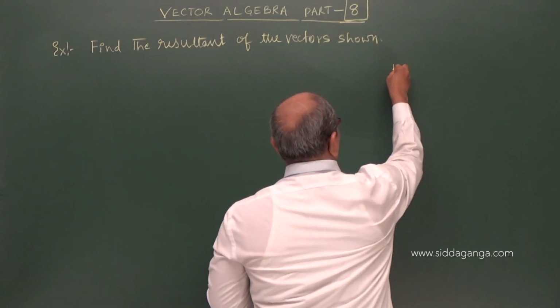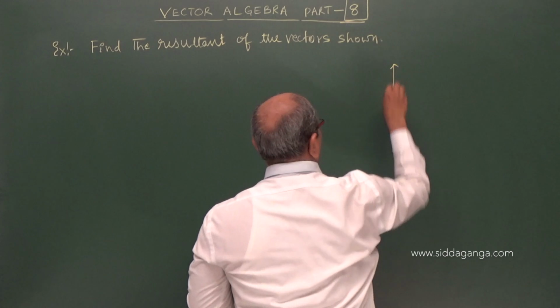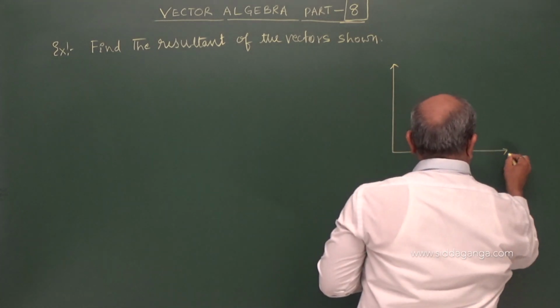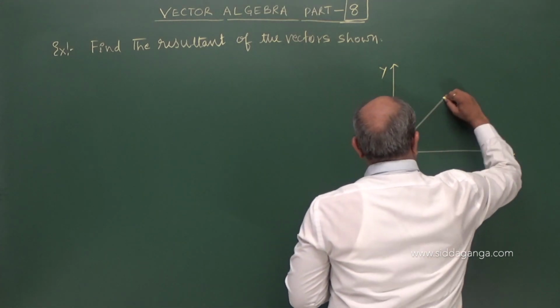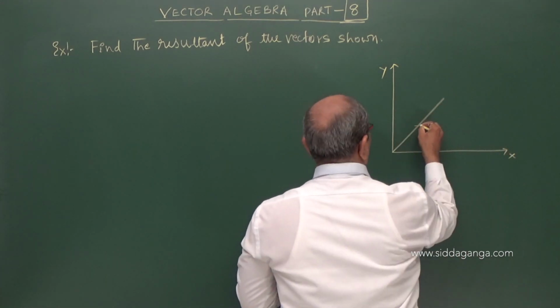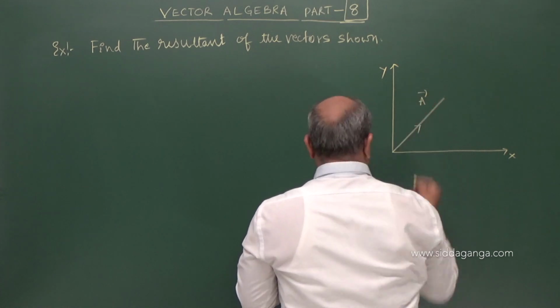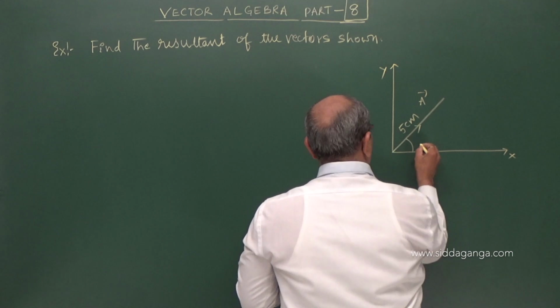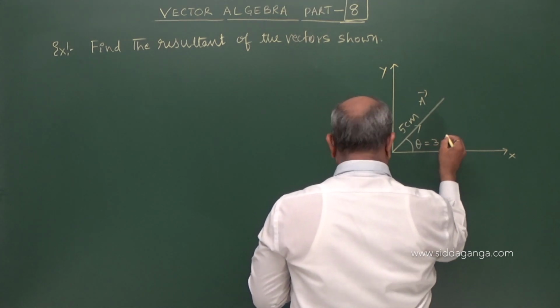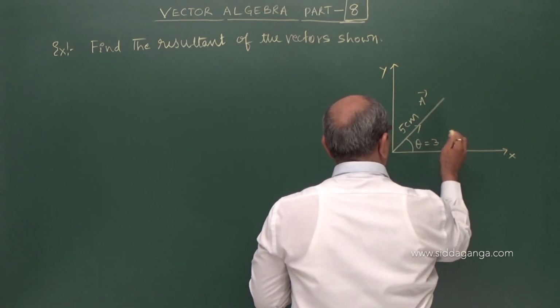So you are given a figure in the xy plane, a vector A having 5 centimeter and theta equal to 37 degrees.